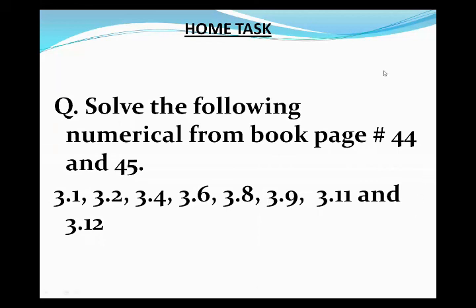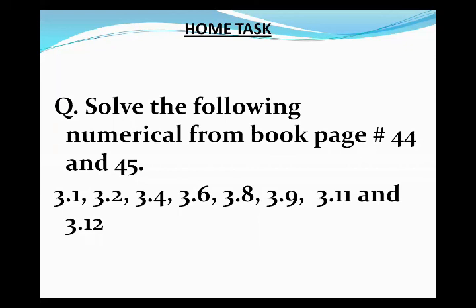Now 3.7 I have done. 3.8 and 3.9 are similar to 3.7. Now, as we also discussed 3.9, we need to find the distance in the last numerical.